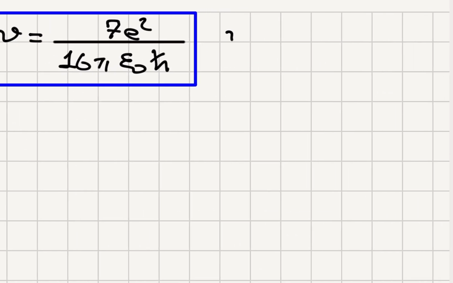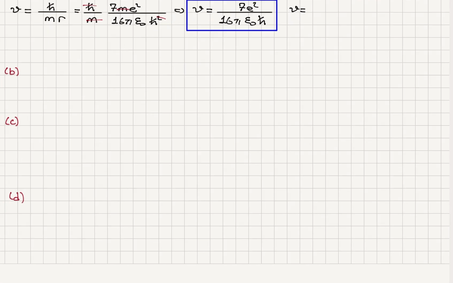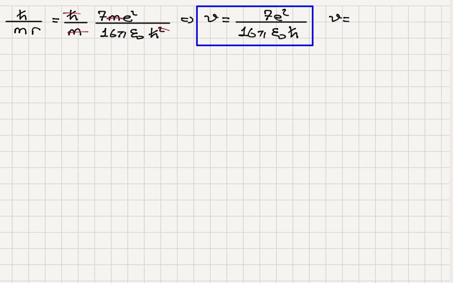V is equal to... now you can see that this is h bar over m, 1 over r.